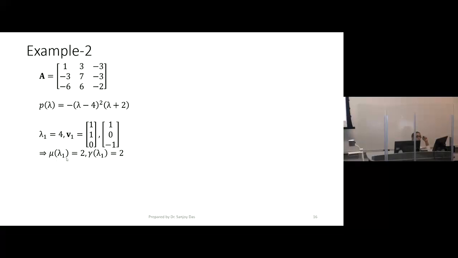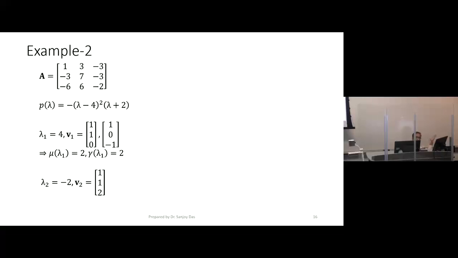So mu of lambda 1 equals 2 from here, and gamma of lambda 1, the geometric multiplicity, is also 2 because we have 2 eigenvectors. And of course, lambda 2 equals negative 2, you can have only one eigenvector, which is 1, 1, 2. Note that I haven't normalized it here.